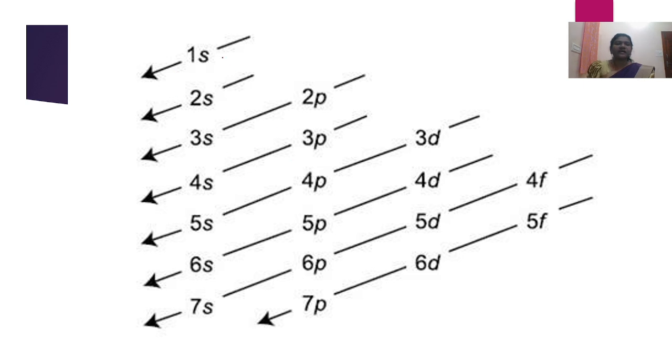Then the increasing order of energy levels is 1s, then 2s, then 2p, 3s, then 3p, 4s, 3d, 4p, 5s, 4d, 5p, 6s, 4f, 5d, 6p, 7s, 5f, 6d, 7p. The electrons fill these orbitals in the increasing order of their energies.